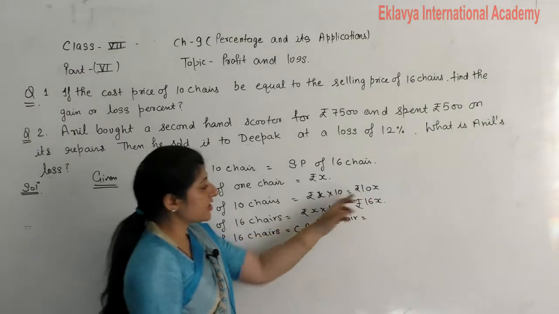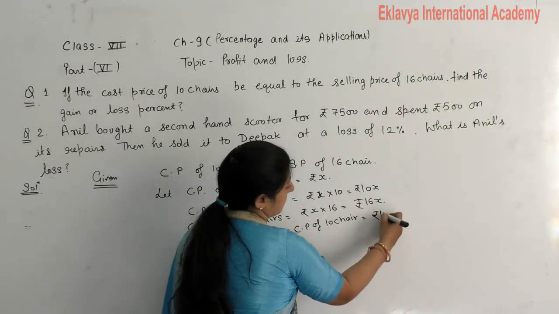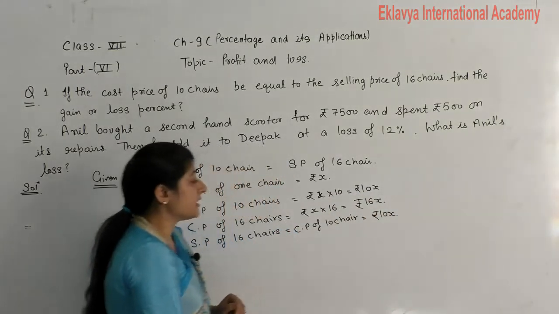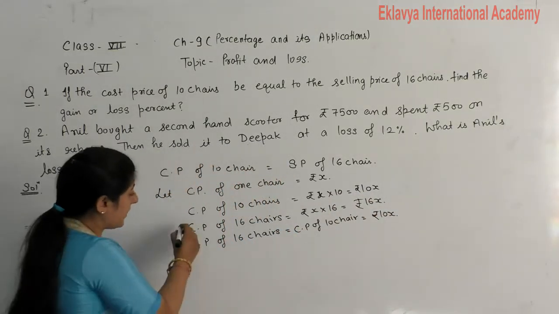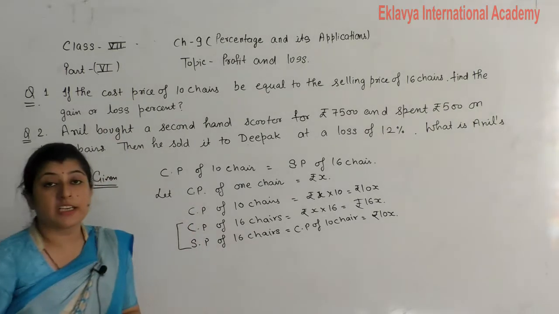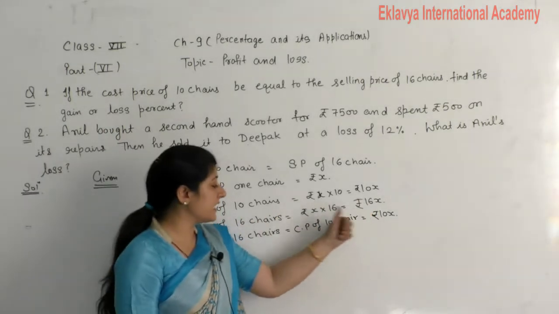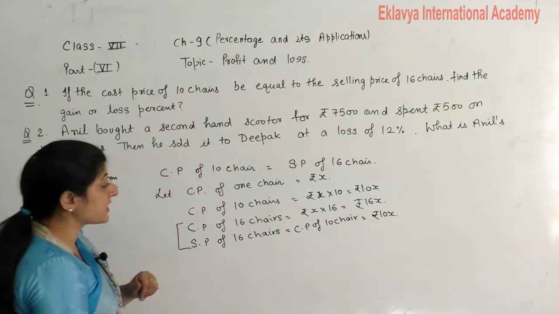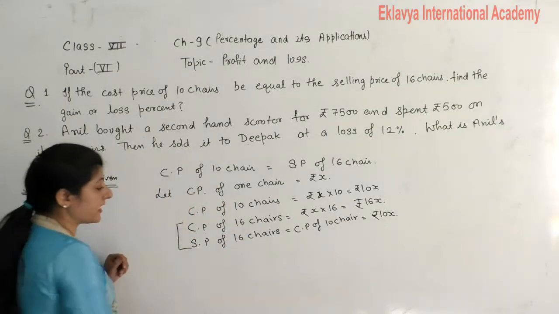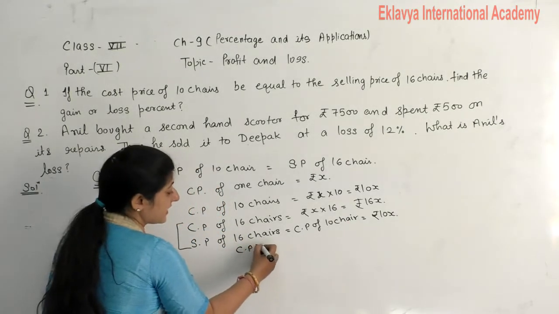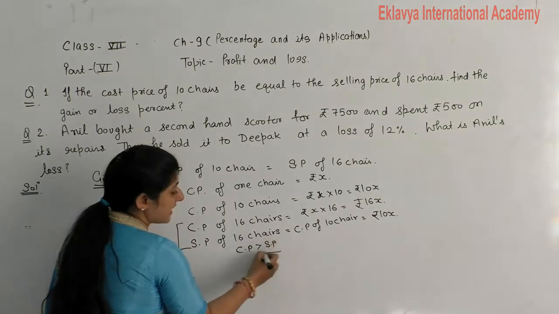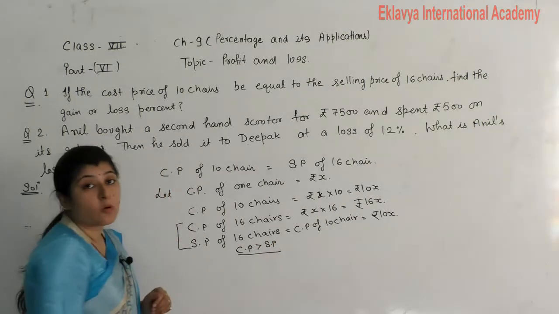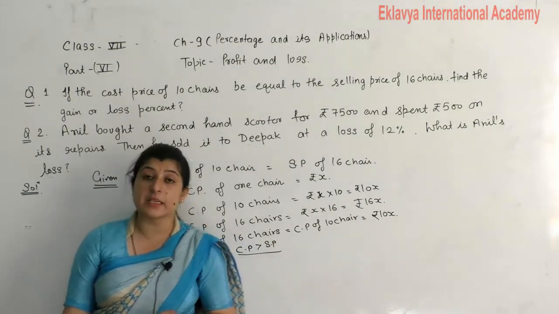Cost price of 10 chairs, that is rupees 10x. Now tell me one thing: comparing these 16 chairs, CP is equal to 16x and SP is equal to 10x. So which one is greater, cost price or selling price? We can easily say that CP is greater than SP. It means cost price is greater than selling price.